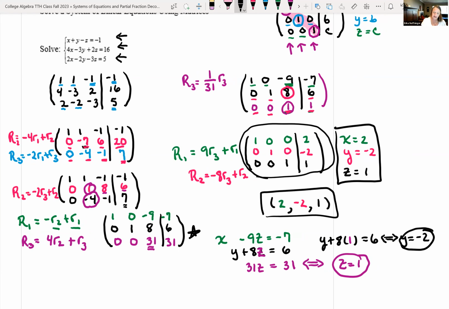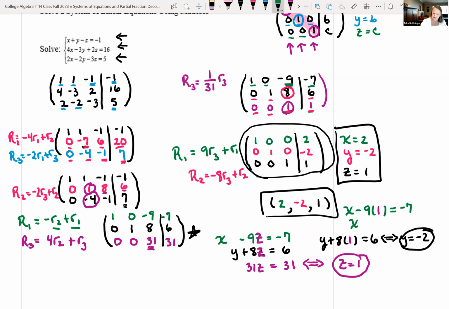And so looking now at the third equation, I have an x and a z. So if I go in here and I rewrite and substitute z with 1, I could solve for x. So doing so, I would have x minus 9 times z, but z is 1. This is equal to -7.